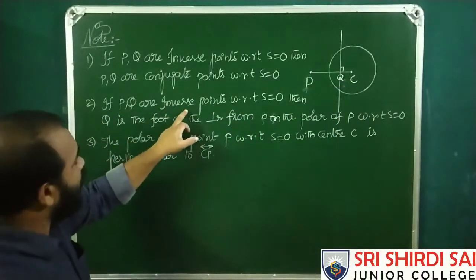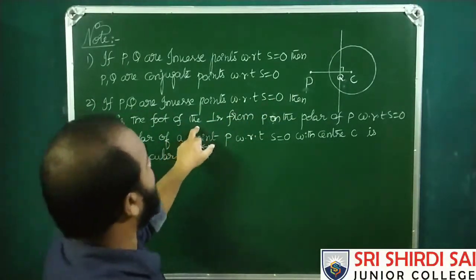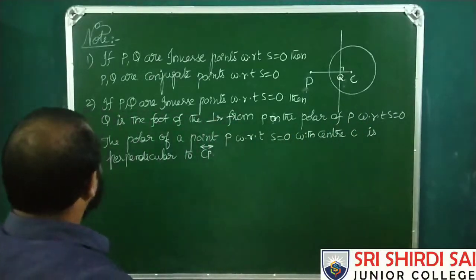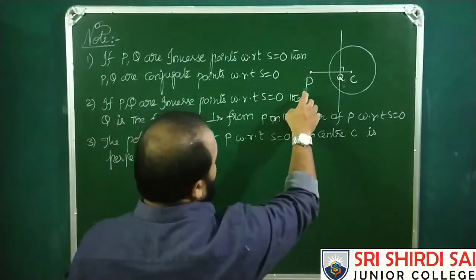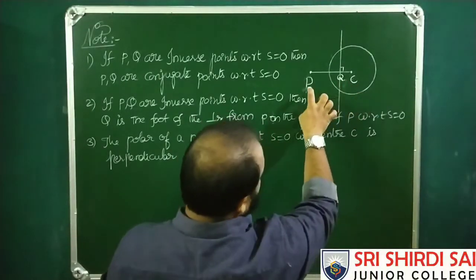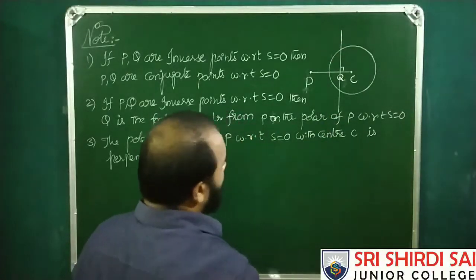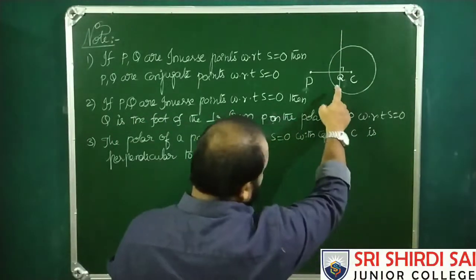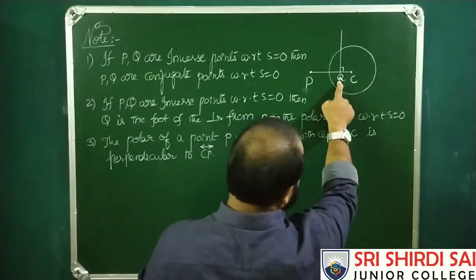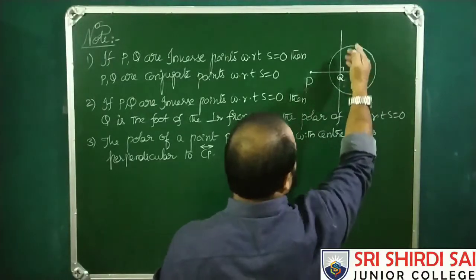If P, Q are inverse points with respect to S equals 0, then Q is the foot of the perpendicular from P on the polar of P with respect to the circle. So Q is the foot of the perpendicular from the point P on this polar, and Q is also the foot of the perpendicular from C, the center of the circle, to the polar.